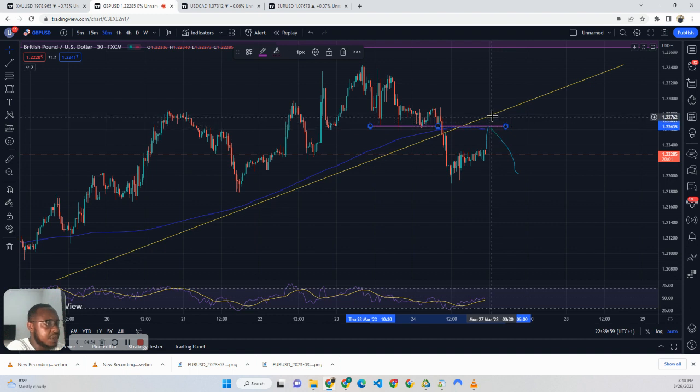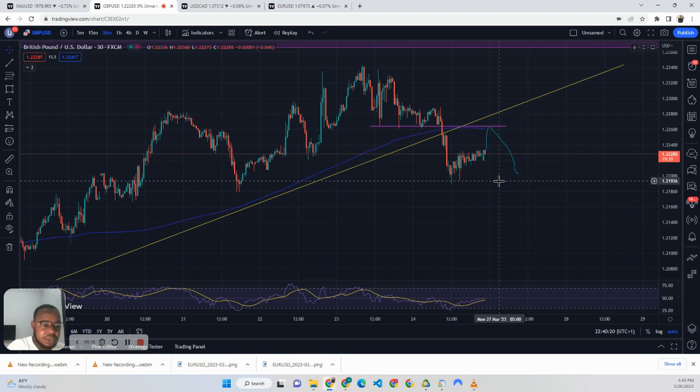If it triggers and still breaks out to trigger here, I'm also in a good advantage, and I have my stop loss above this zone, well secured, depending on the amount you're trading on. So here in the pounds, we're also looking at a sell position to enter when the market is on.